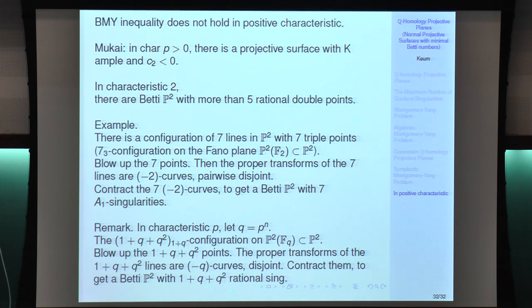Then you do the same thing, and you have -q curves, 1 plus q squared of them. Again, this -q curve singularity is not a quotient singularity, but still you have a Betti P2. So in this way, you can get a Betti P2 with arbitrarily many singularities. So there is no bound in this case.